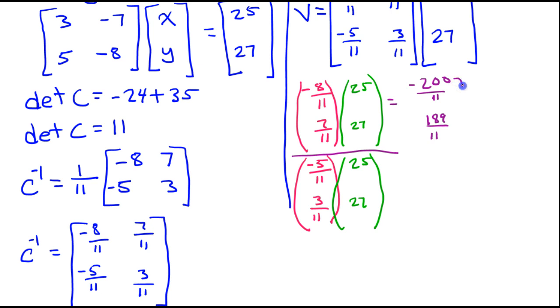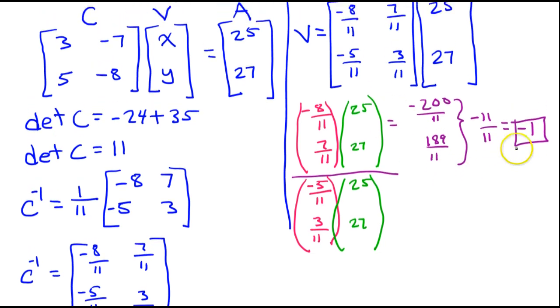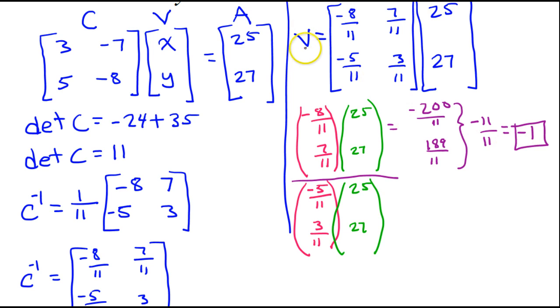Now let's add those together and see what we get. Well, my goodness, that is negative 11 elevenths, which equals negative 1. Okay, so that's going to be the first element of my variable matrix.